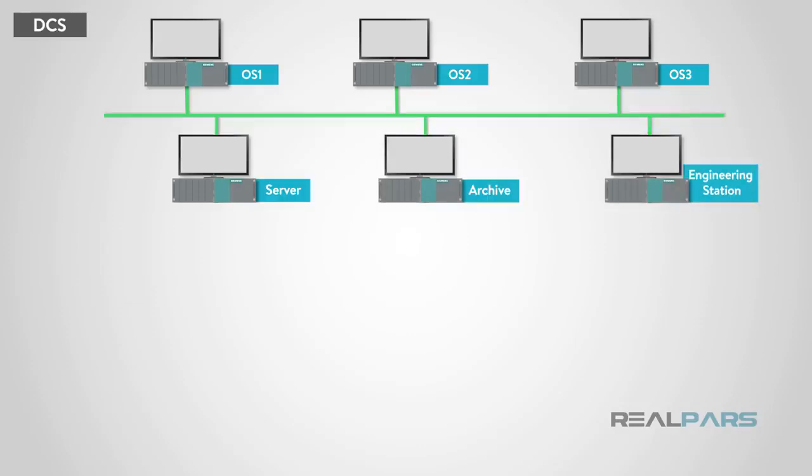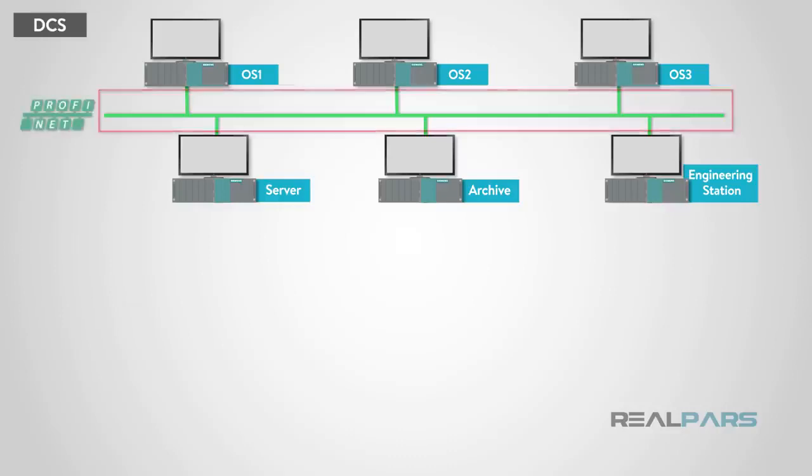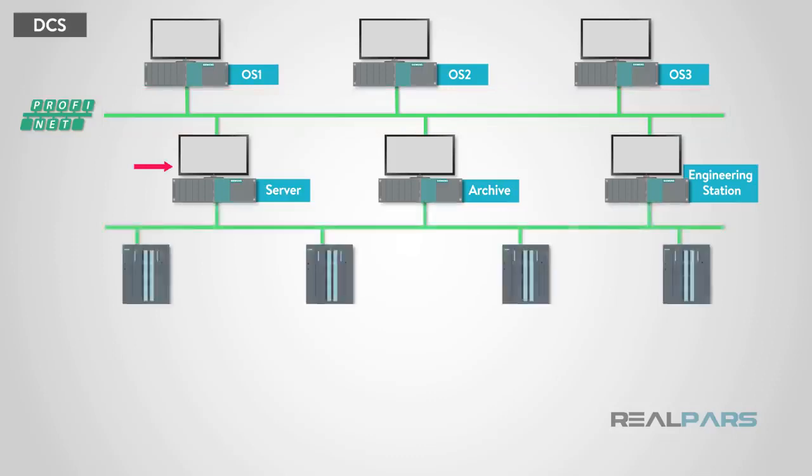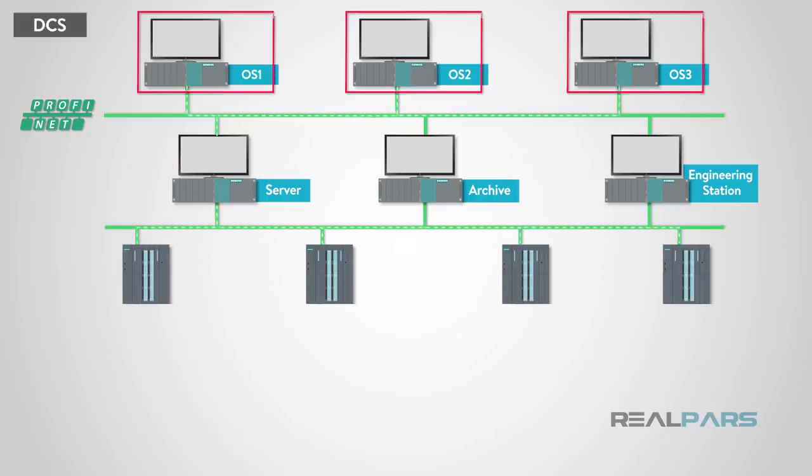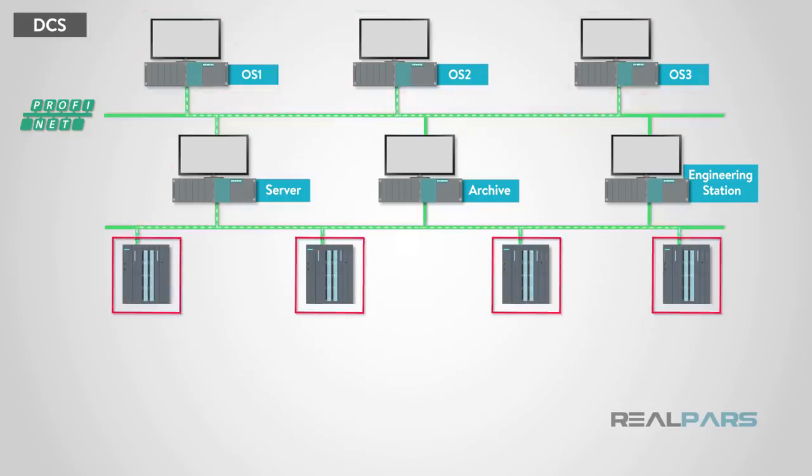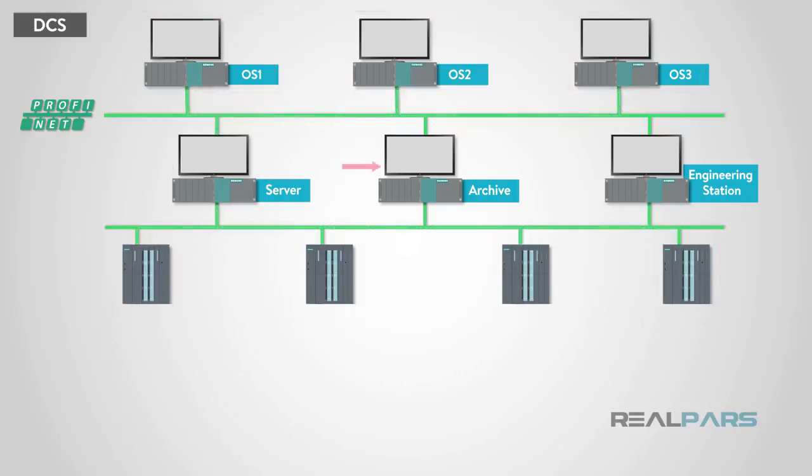Communications with the operator station level is typically industrial Ethernet. Servers are used for the collection of data at the processor level, they are responsible for the data that moves between the operator station and the processors on the plant floor. Archiving computers are used for storing historical data that may be used for trends or compliance.